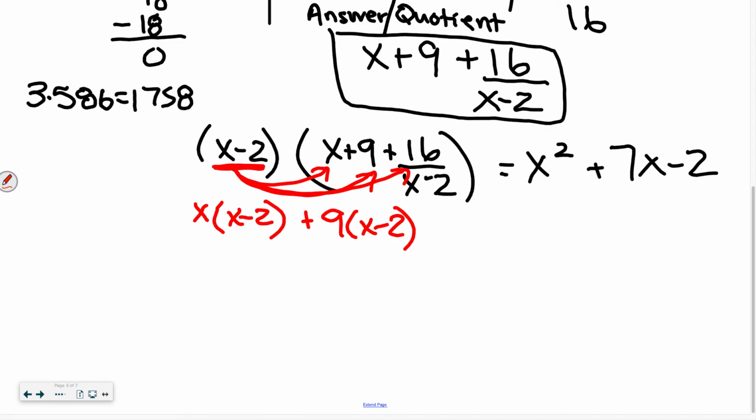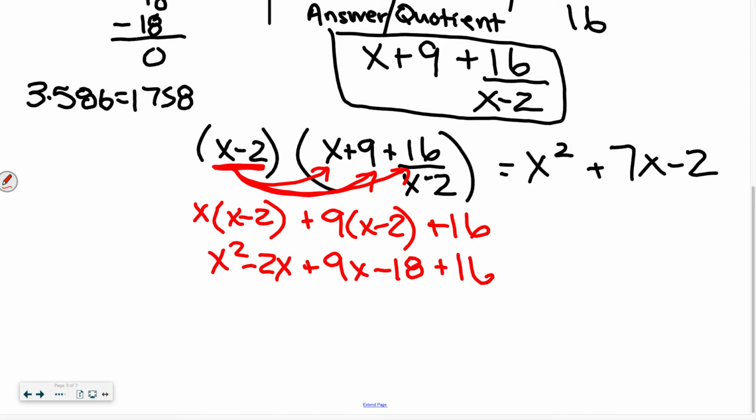It'll cancel, and I'll just get plus 16. That's x squared minus 2x plus 9x minus 18 plus 16. That's x squared plus 7x minus 2. Worked.